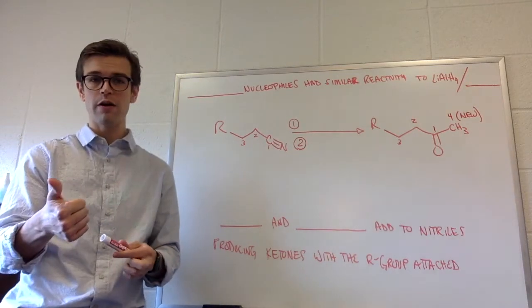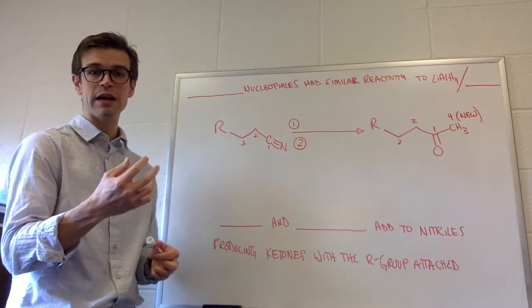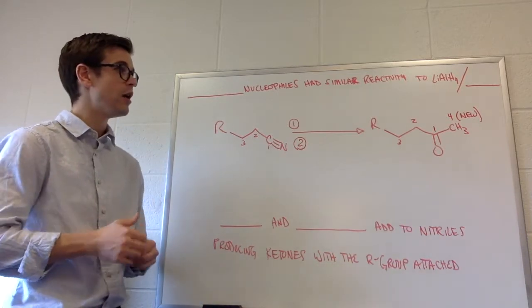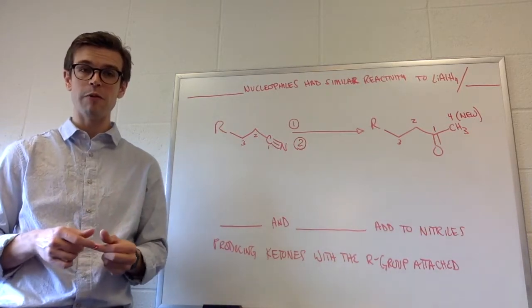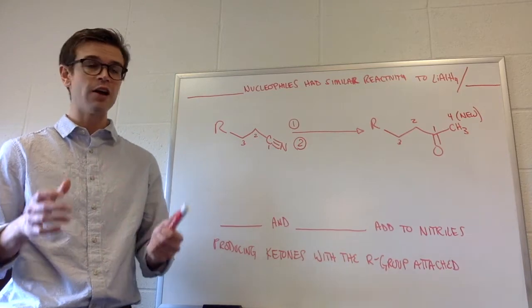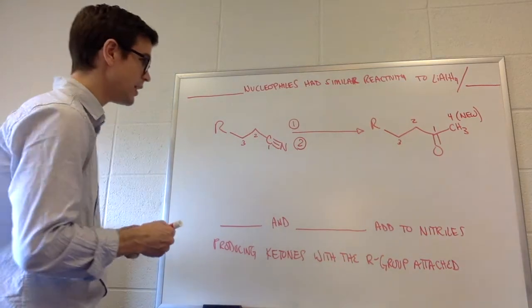One thing that we learned about is alkynes. We can deprotonate an alkyne and make that a nucleophile. The other carbon nucleophiles that we know about have all been organometallics, and that's what we're going to use.